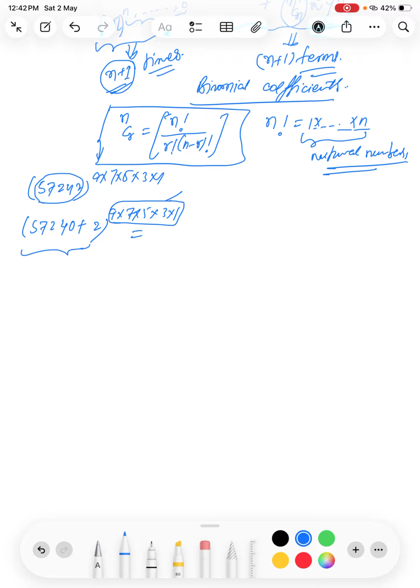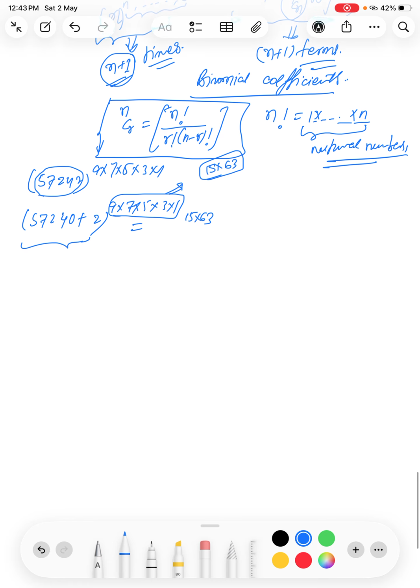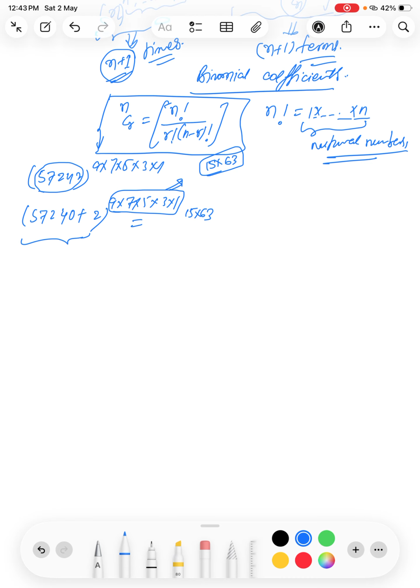Let's multiply this. If you multiply this, what are we getting? 15 into 63, right? We'll write it just this way, with no further multiplication because it would consume our time.